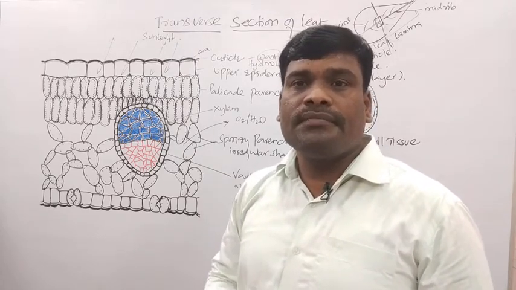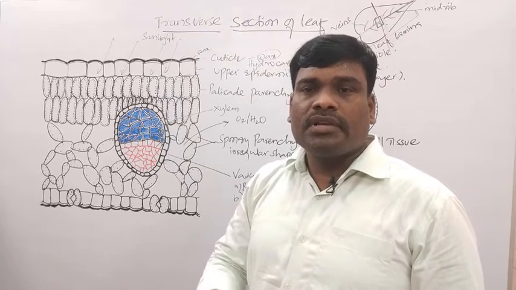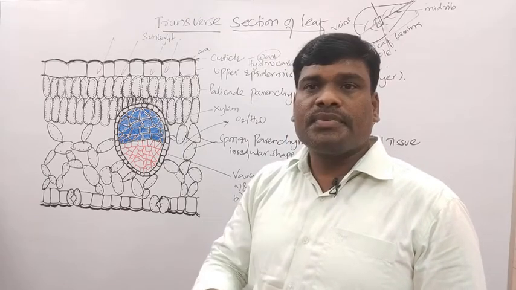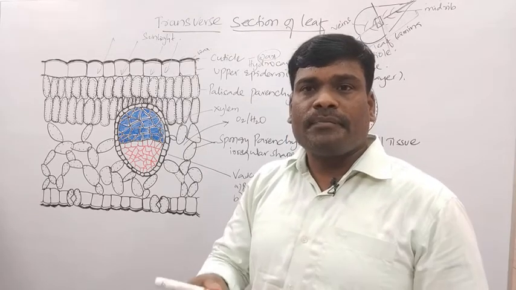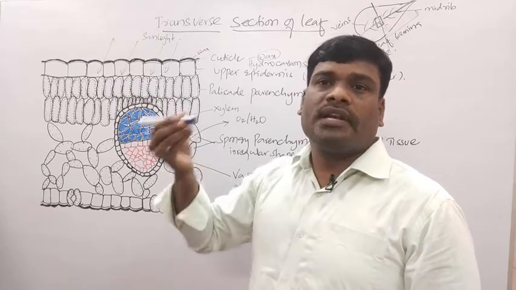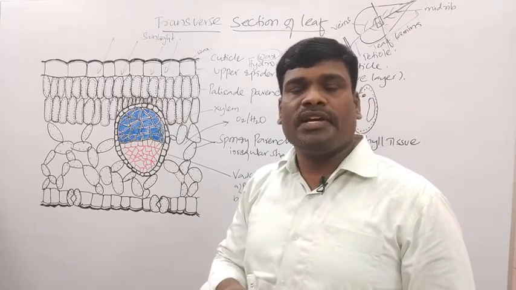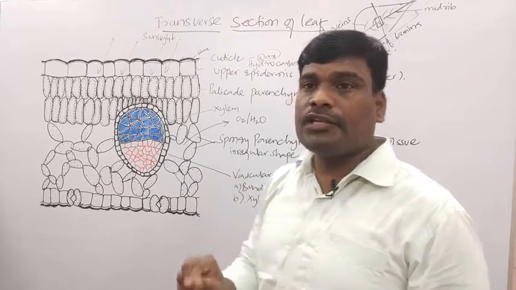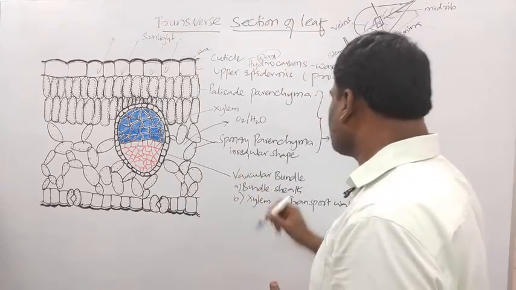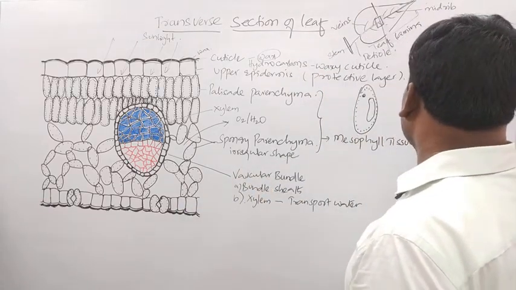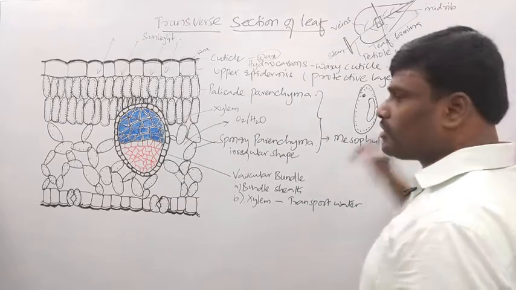Roots will absorb the water, and xylem vessels help in transporting the water from the roots to the top of the plant, the tip of the plant. The direction of water in the xylem vessels is from down to top, children.